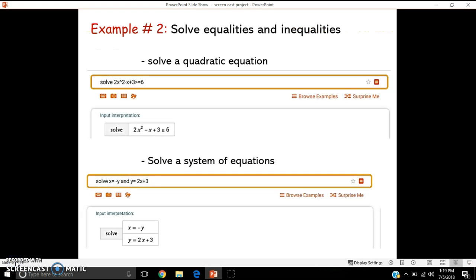The second case is about solving a linear system of equations. So here I need to solve x equals negative y and y equals 2x plus 3.